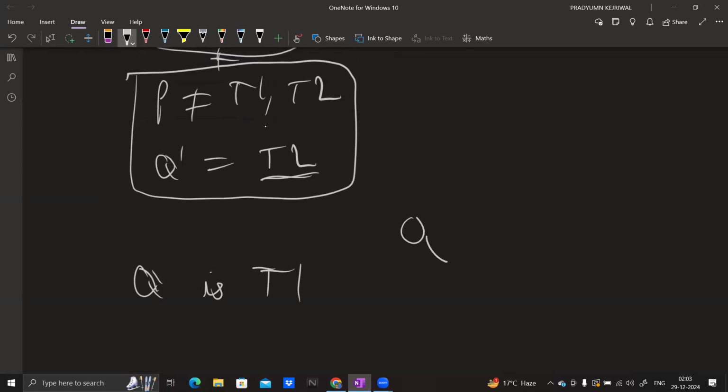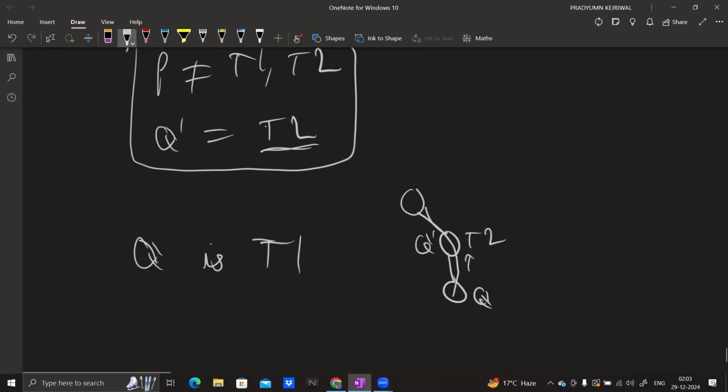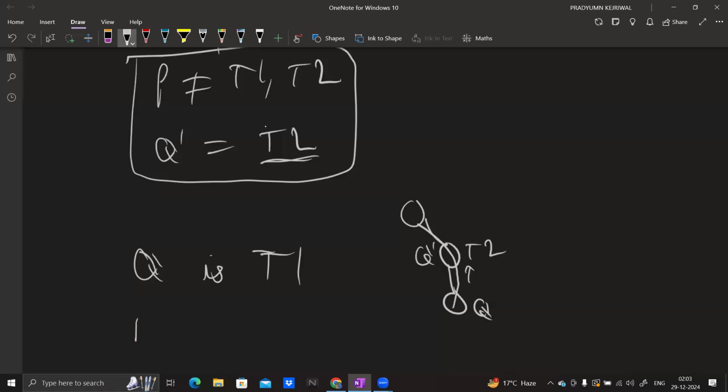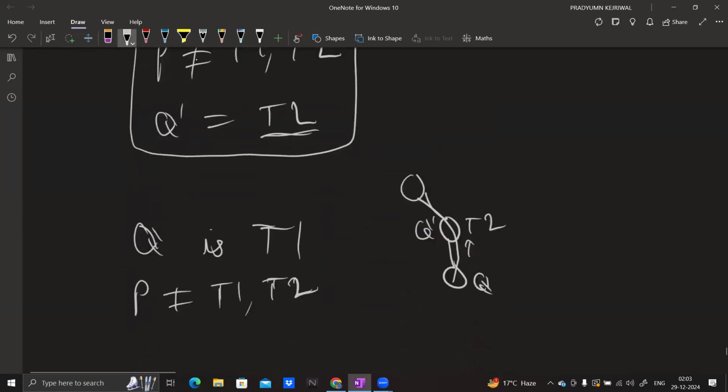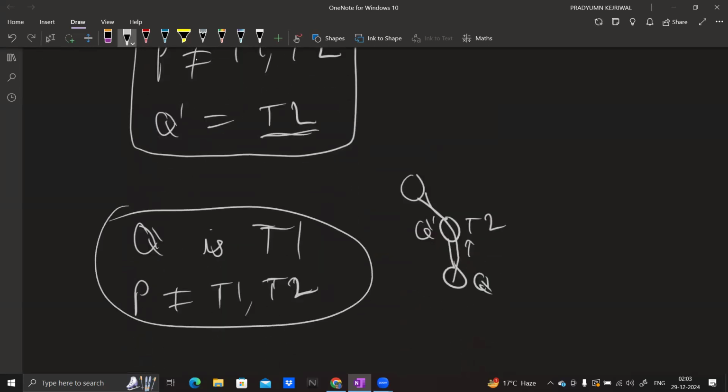If you have Q as a leaf, then of course the next element would be next to a leaf. So this is type 2. So if Q is a leaf and P is not equal to type 1 and type 2, then we are counting this case in both of these.